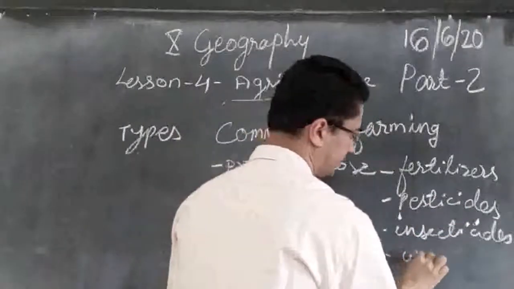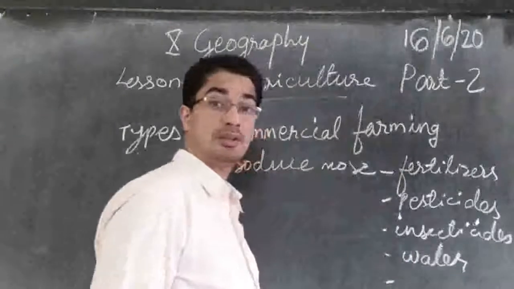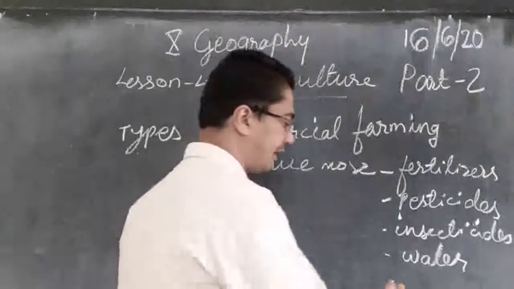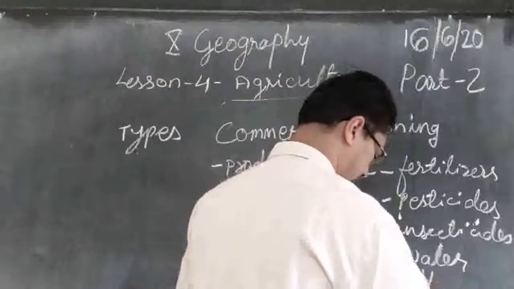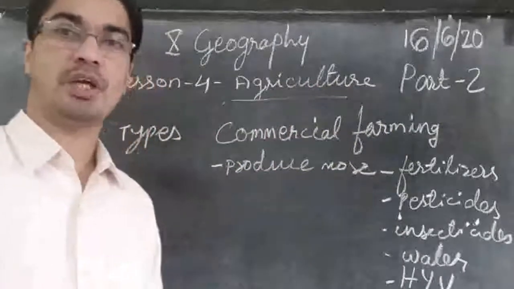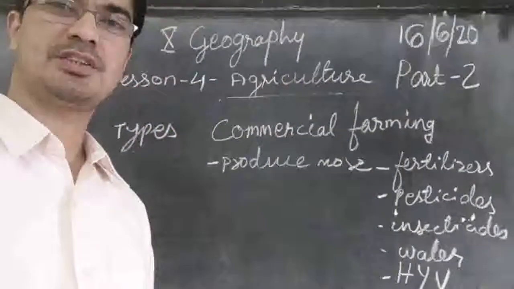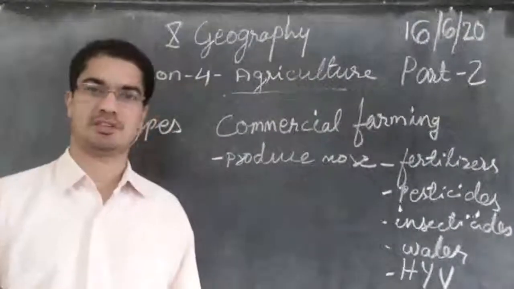They need water, then above all they need something more called HYVs. What is the meaning of HYV? High yielding variety of seed.